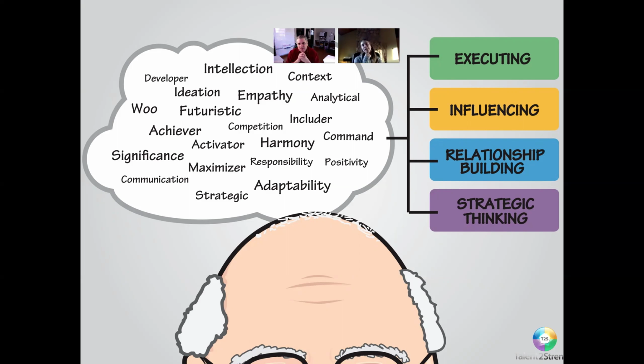So just to say that, for the example of the woman that you gave, that's just her strongest set of themes. It just falls in sort of the executing. Yeah, she really couldn't think. No, I'm just kidding.